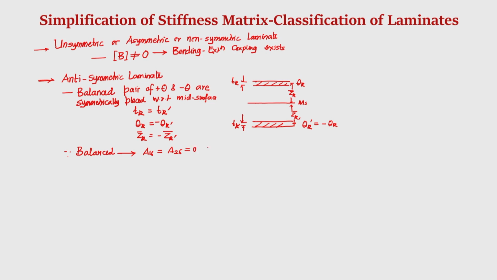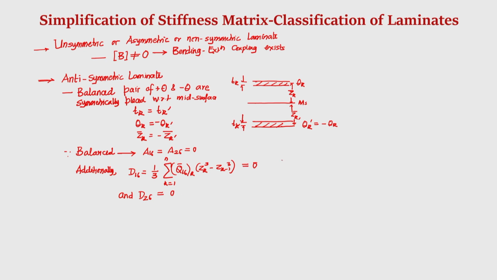Additionally, for an antisymmetric laminate, D16, by definition of D16, sum over k is equal to 1 to n of Q16 bar k times z k cube minus z k minus 1 cube, is also equal to 0, and similarly D26 is also equal to 0.